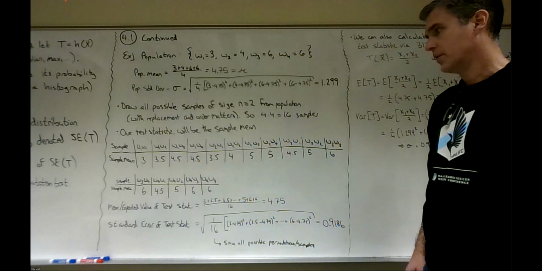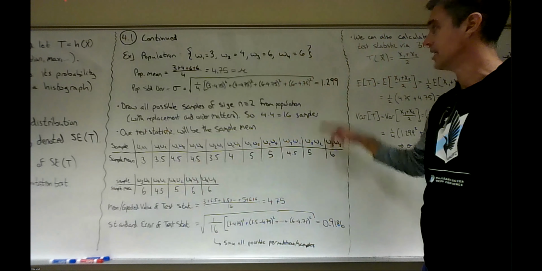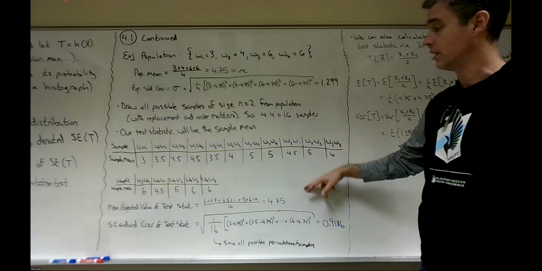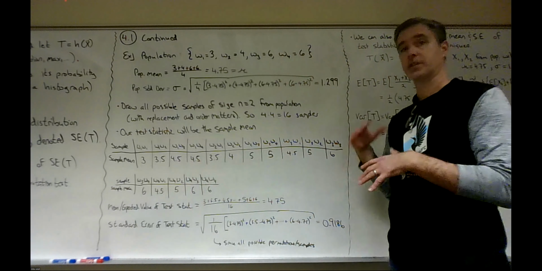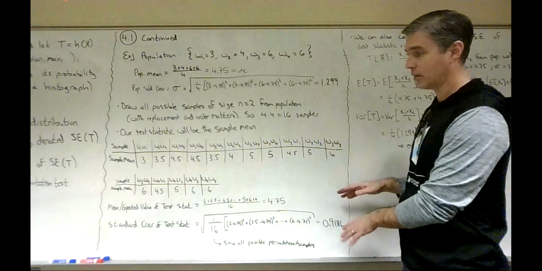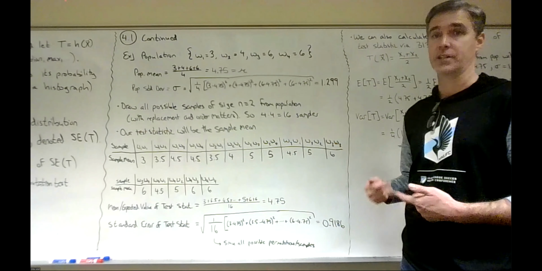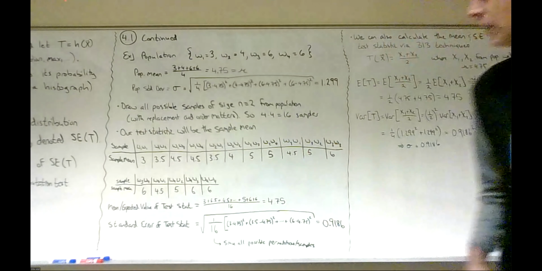So if you note, the standard error of the test statistic, 0.9186, is not the same as the standard deviation of the population, though the means were, okay? All right, so there's an example, a small canned case where we can calculate both the mean and standard error of the sampling distribution of a test statistic. And the test statistic was the sample mean.